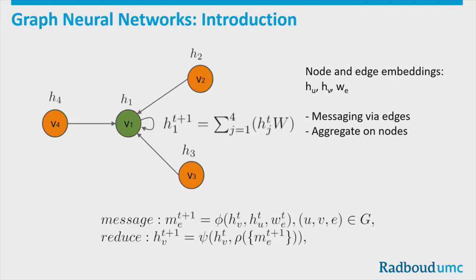In this simple case, the messaging function we design is a linear transformation parameterized by the matrix W in the equation in the center. So that's a messaging function. Basically we're saying, just give me the linear projected version of your node embeddings. And once we receive that message, the summation function is the aggregation function. We just simply sum it together.